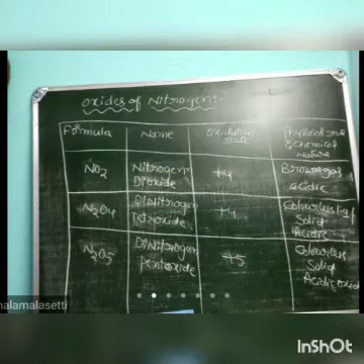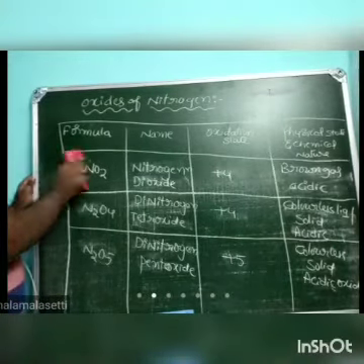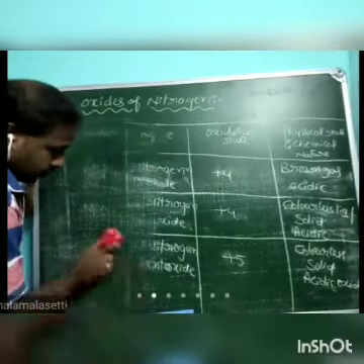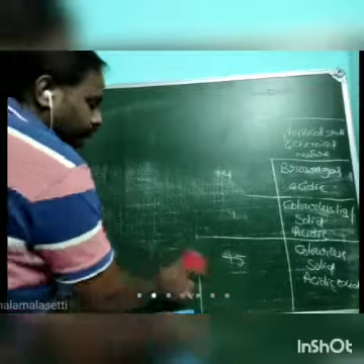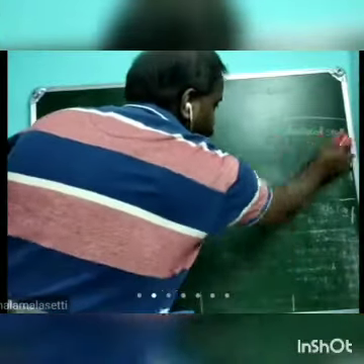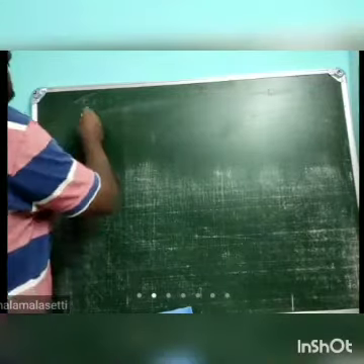What is its magnetic property, how it is prepared, what about the structure, etc. All these we'll discuss now one by one. So the first oxide is N2O.